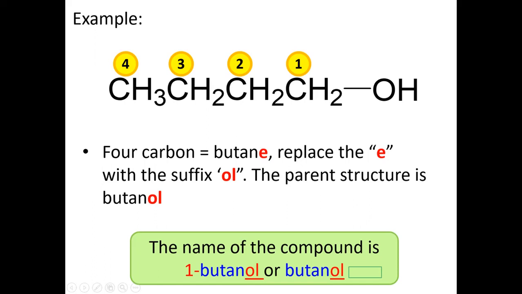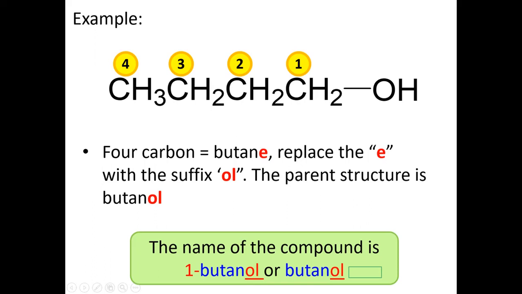Why do you have two different ways of writing the IUPAC name here? Both answers are correct. The number 1 refers to the location of the OH group, meaning this OH group is attached to carbon number 1.